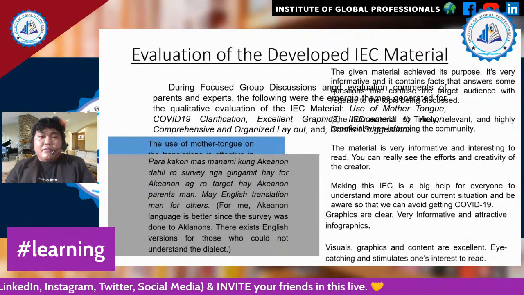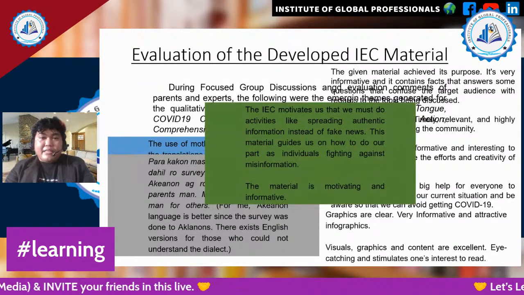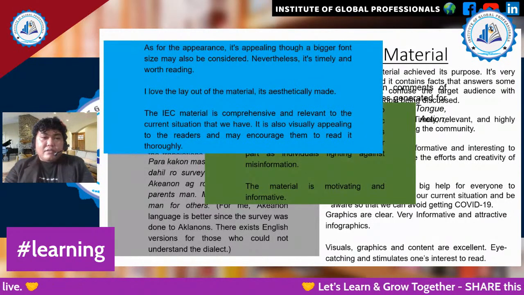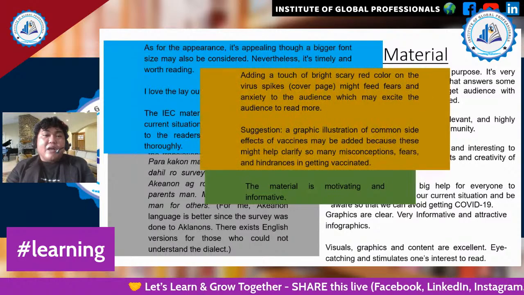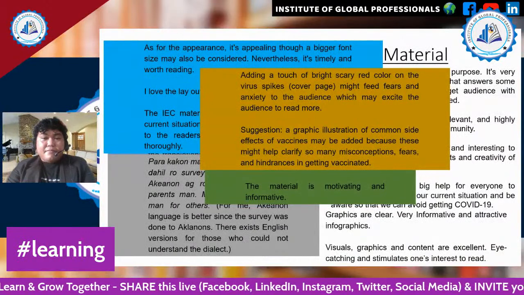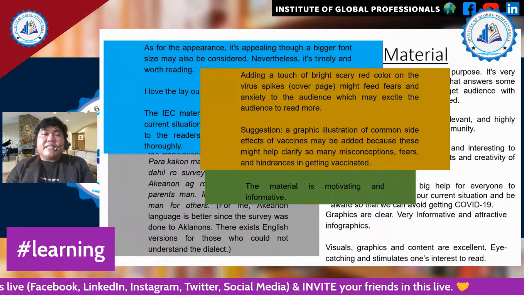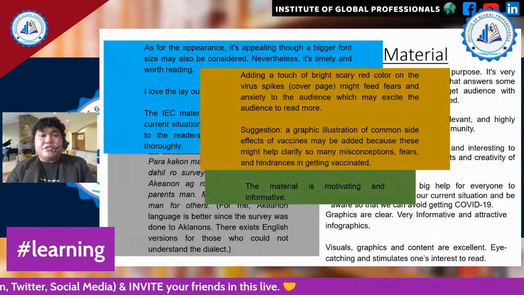There's a lot of positive comments regarding the IEC material. They even mentioned the aesthetics of the material itself, and some provided some suggestions. Well, this is how we utilize the design thinking process in research.